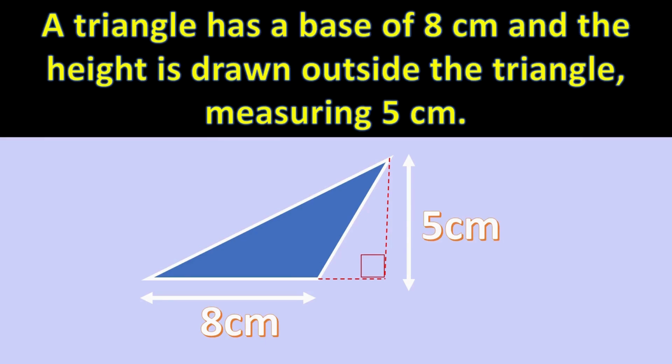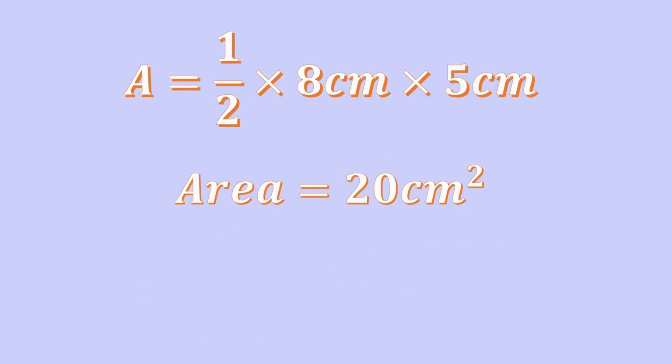Again, we apply our formula. Area equals half times base times height. That's half times 8 times 5. Half of 8 is 4, and 4 times 5 gives us 20. So, even when the height is outside, the area is 20 square centimeters.